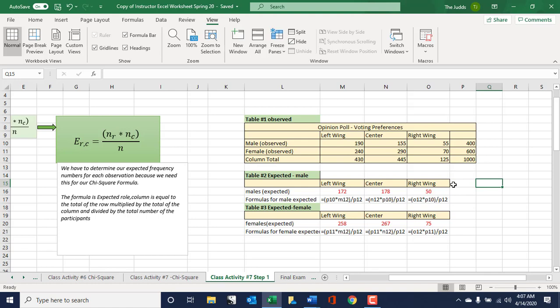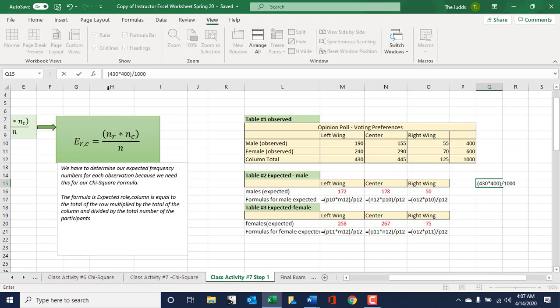I took 430, multiplied it by 400, and then divided it by 1,000.